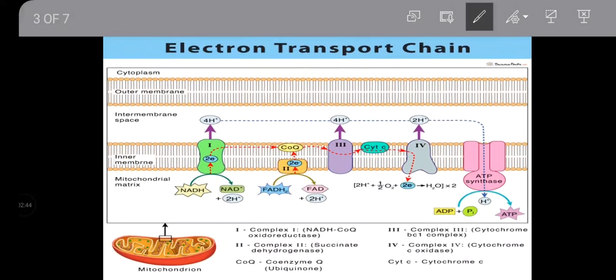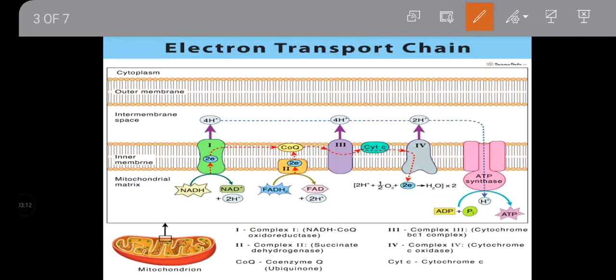So now let us begin by looking at what happens at complex 1. Complex 1 is also known as what? NADH dehydrogenase. So it receives NADH. NADH is a high energy compound. This NADH donates 2 electrons that are captured by complex 1.